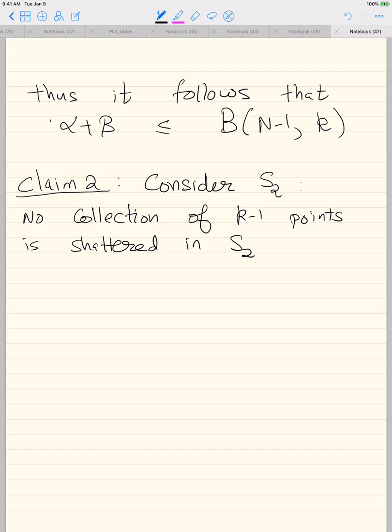So remember, S2 was a collection of vectors of length n minus 1, such that if you had a vector like this, you would see a duplicate of this.